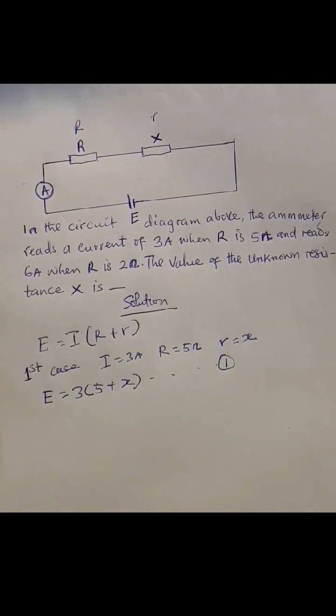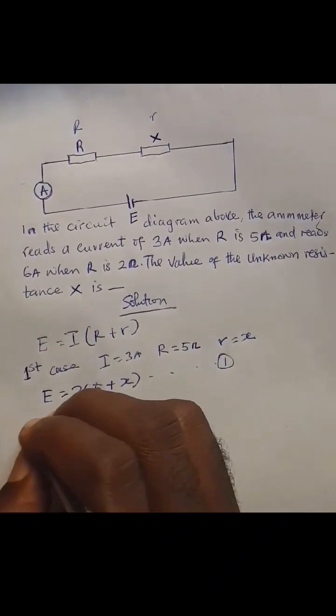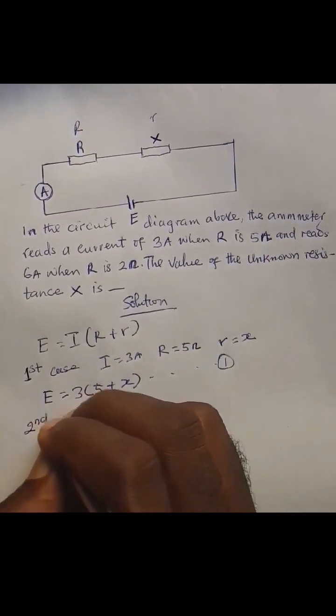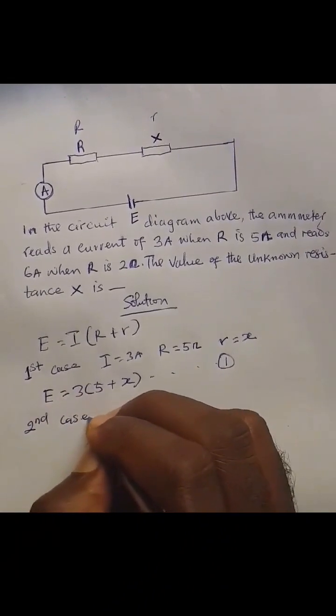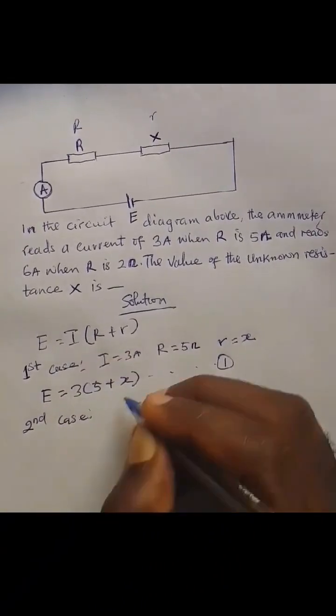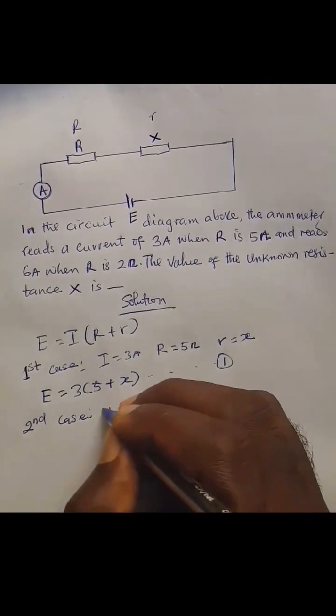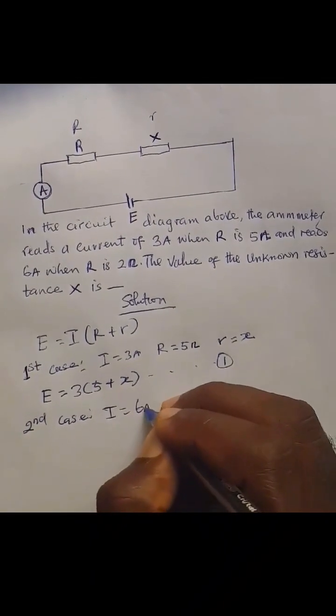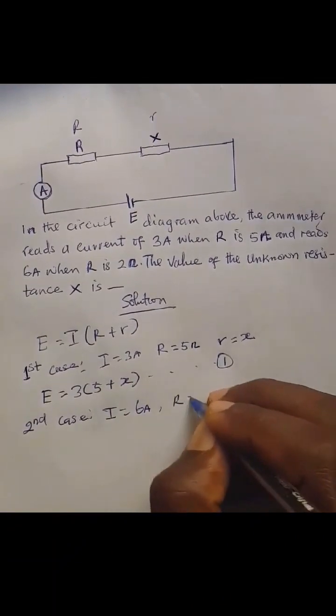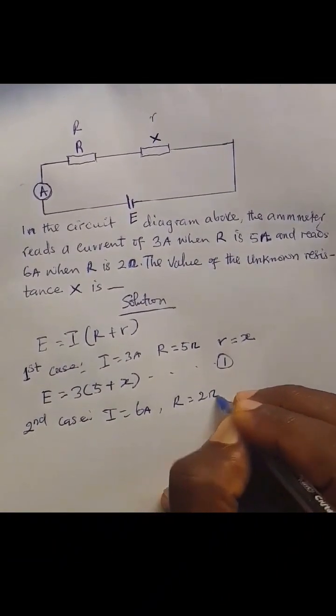All right, so we move down to the second case. For the second case, you will discover that the current is now 6 ampere when R is equal to 2 ohms. So the current I is equal to 6 ampere while R is equal to 2 ohms.